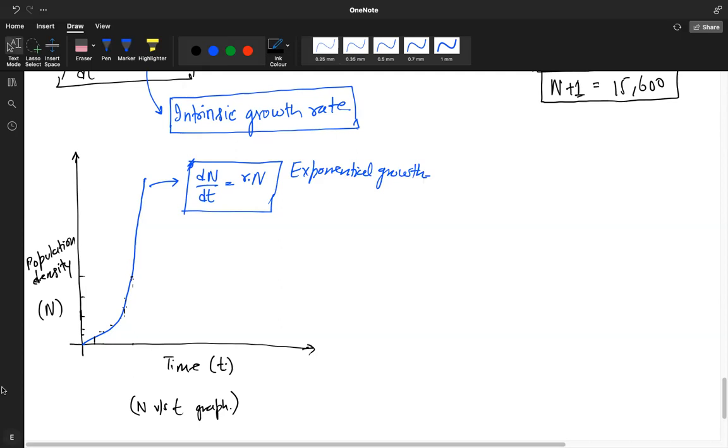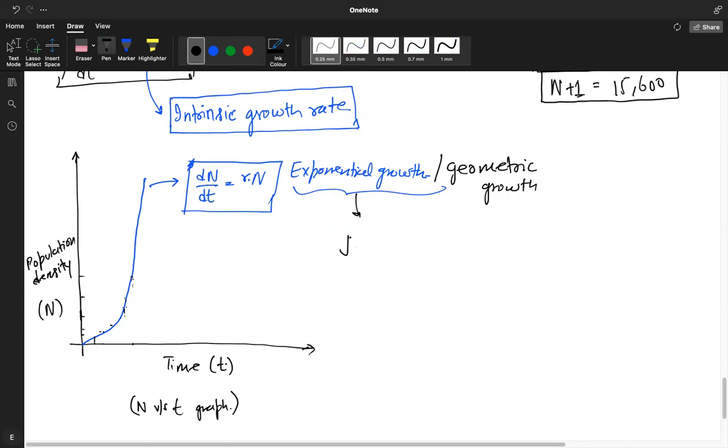Okay. So exponential or geometric growth gives a J-shaped curve when we plot an N versus t graph. Write down. Just remember, these things are asked in entrances. Exponential growth or geometric growth, both terms are used for the same thing.